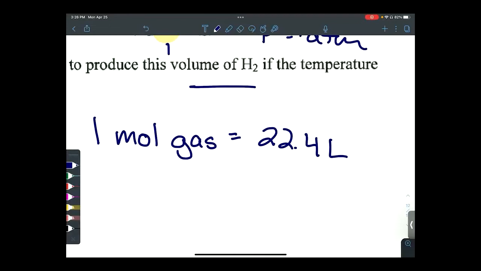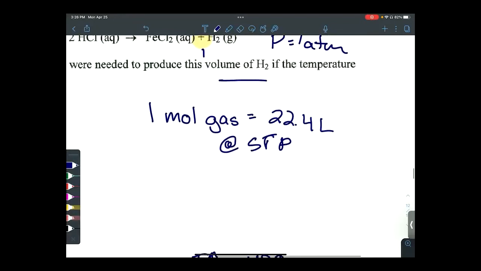Perfect, yes, that's at STP. But when we're at STP, how do you get this number? You're actually just using PV = nRT. At STP, that means 0 degrees Celsius and 1 atm.